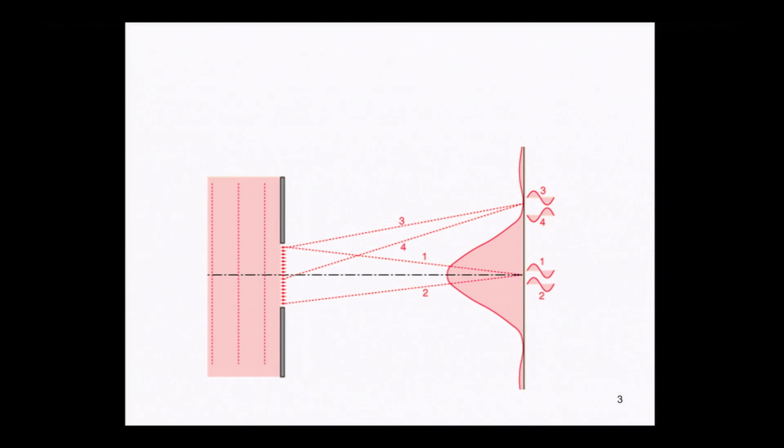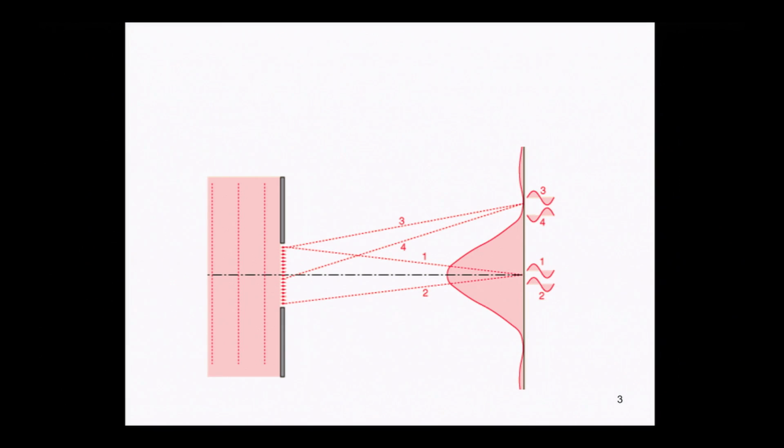You can see that this is the graph we saw last time in the lecture. Basically, all the point-like sources coming through a single slit are going to interfere with each other, right?